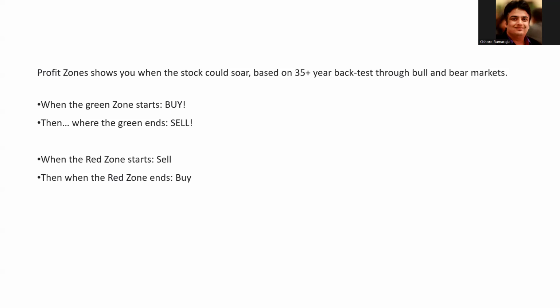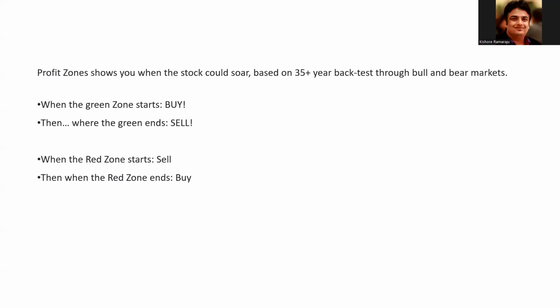So this tool will tell us when that profit zone, or green zone, starts, and we can buy the stock, buy the calls, or sell bull puts, and whenever that season ends, we can sell off those stocks. In the same way, we can identify common weeks where stocks will continue to drop.